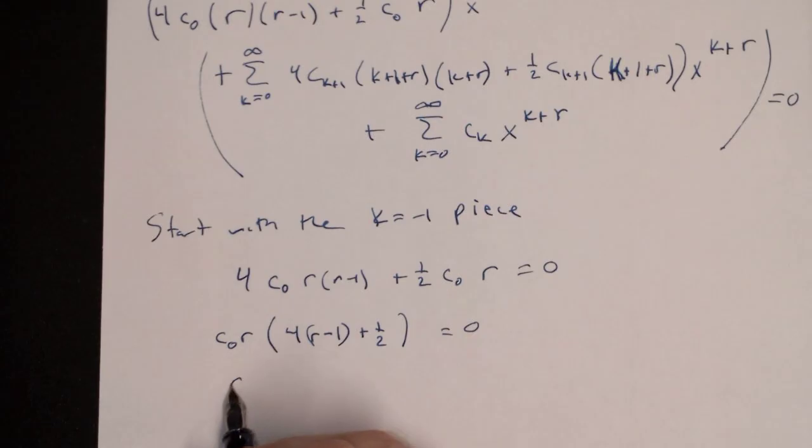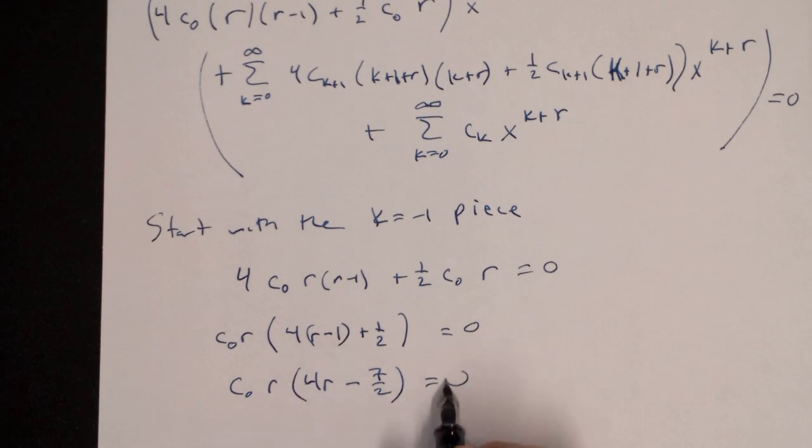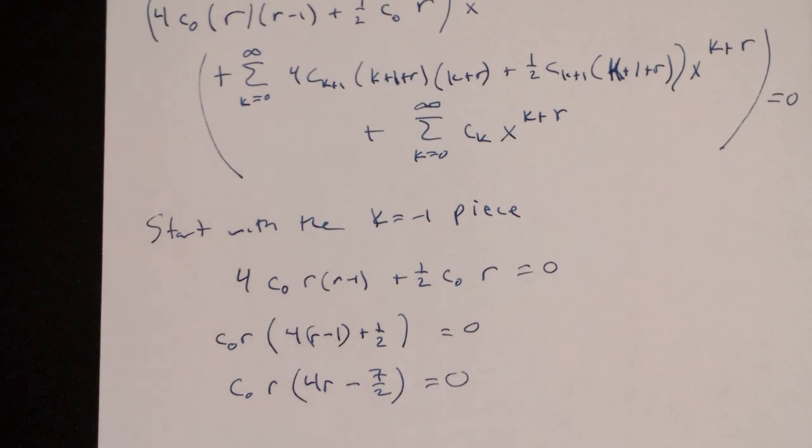I distribute the 4, right? This is called the index equation.